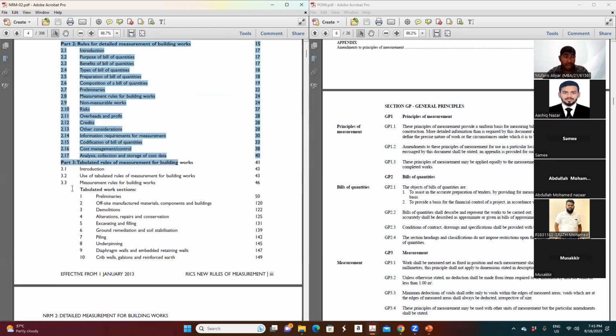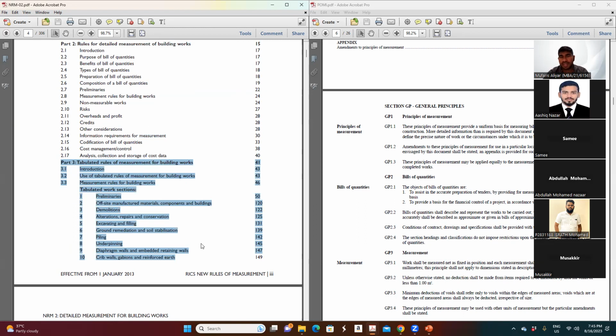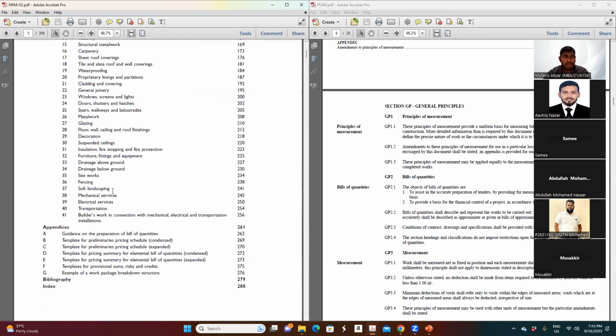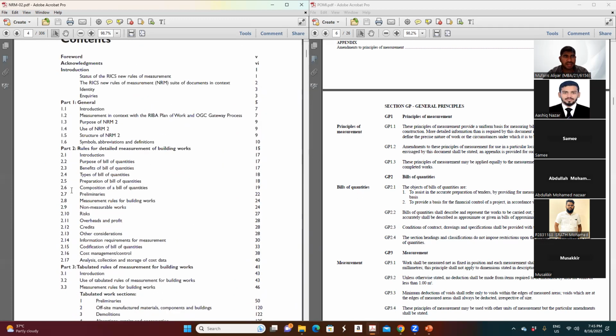Part 3 is purely a table of rules of measurement for whatever item you're going to measure. Today we will spend time there, because they talk about each item: demolition, alteration, excavation, ground fillings, something like that. Then they put some appendices at the end, with templates and some guidance.